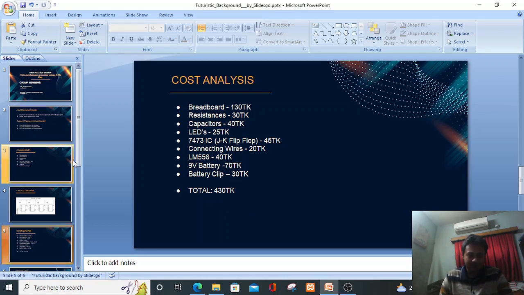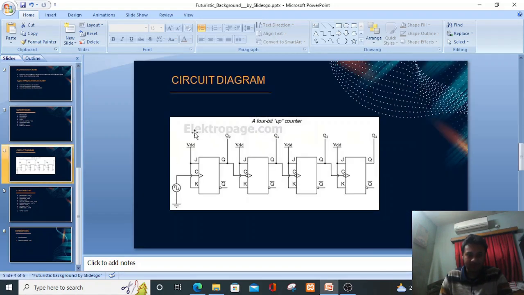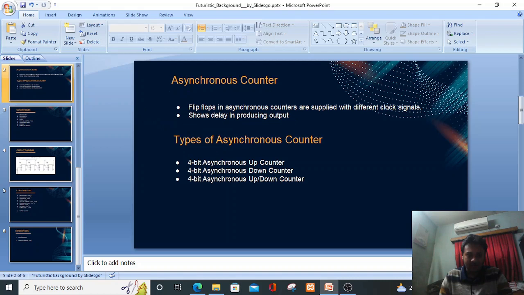So let's see the references. We have used electropage.com as a reference. You can find this circuit diagram from electropage.com, and also the components, and the types and meaning of asynchronous counter.